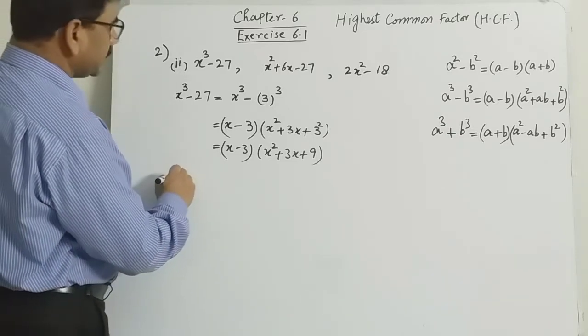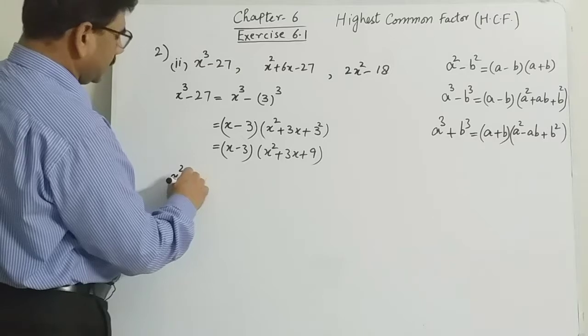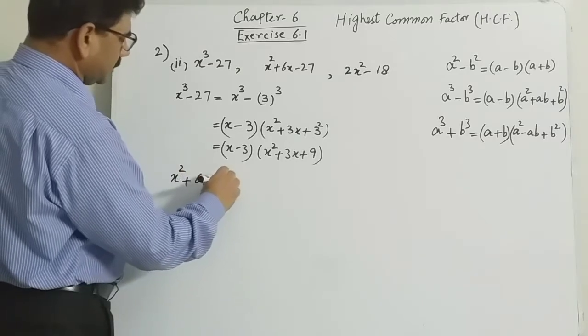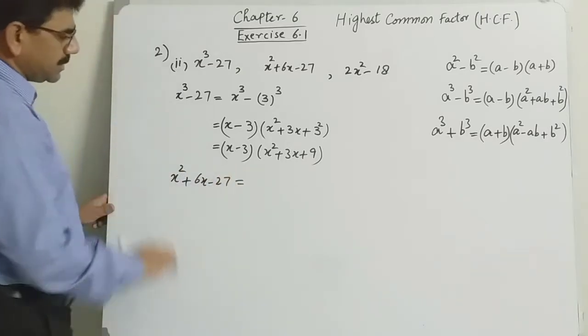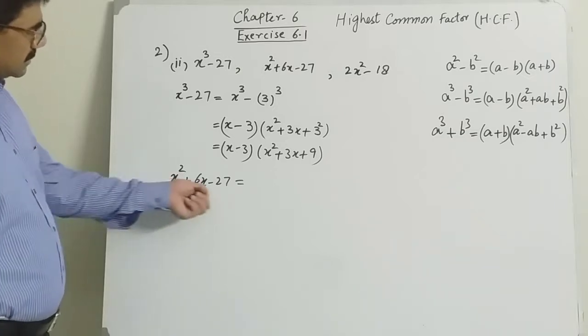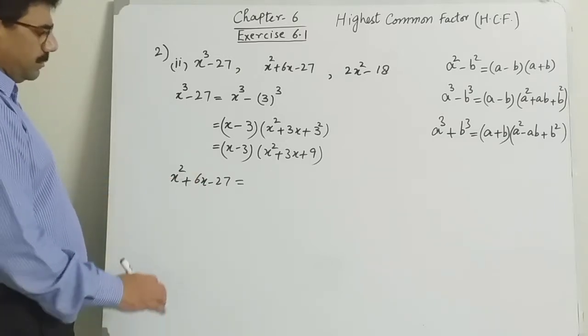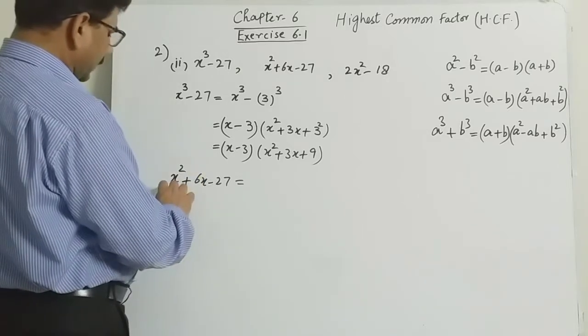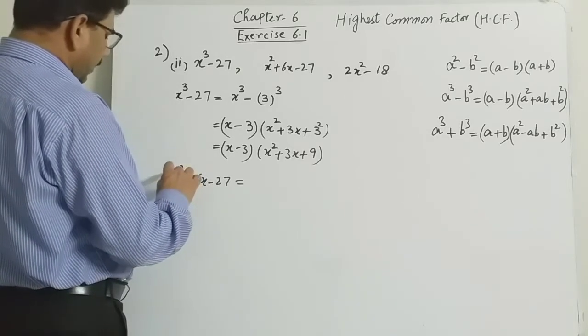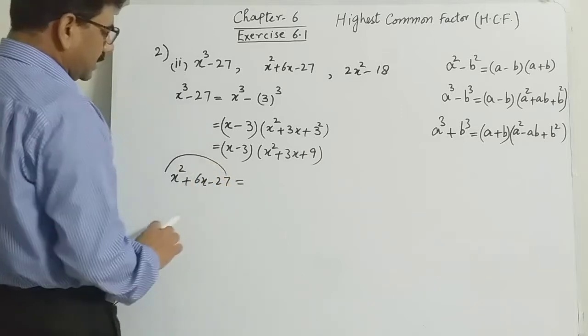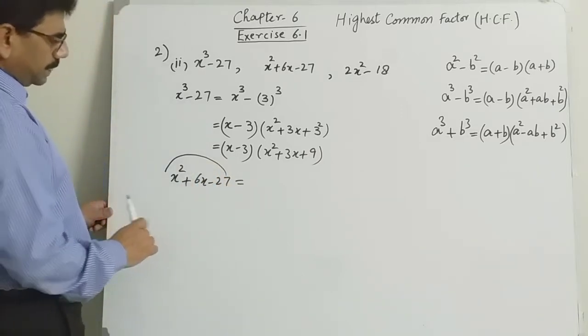Now the second expression is x square plus 6x minus 27. This is a quadratic expression, and to factorize it we will use the method of breaking the middle term. Now to break the middle term, we multiply the first and last terms.